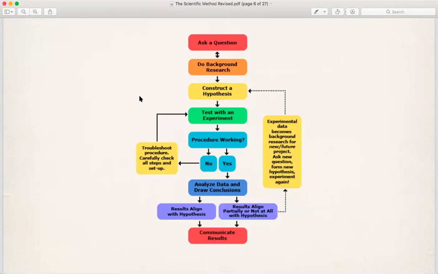As I said, you're testing with an experiment. You're figuring out if that experiment is viable, if it's working, and then you're analyzing that data, drawing the conclusions, and then communicating them. What I like about this flowchart is that it refers to research as a cyclical project.